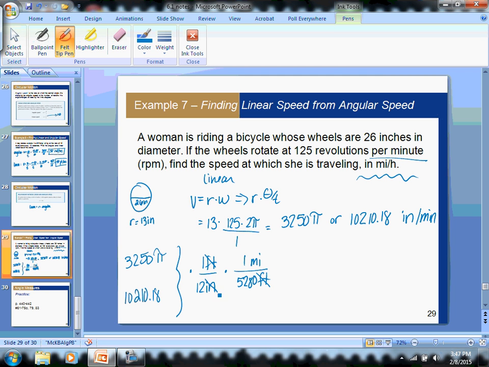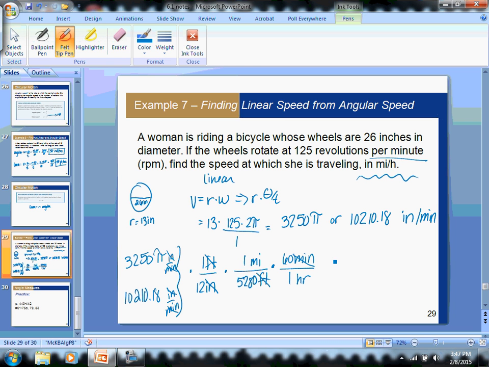My inches will cancel out because these were both in inches originally. This was inches per minute. So was this one, inches per minute. Okay, so now the inches has canceled. So now we've got it in miles, but we still have it in minutes. So now I've got to multiply by 60 minutes in 1 hour so that I can cancel out the minutes.